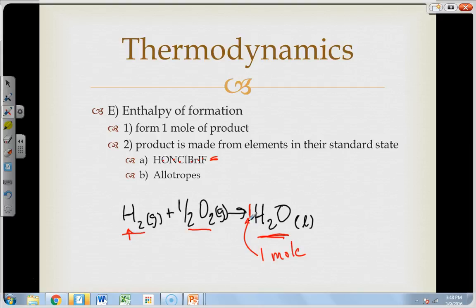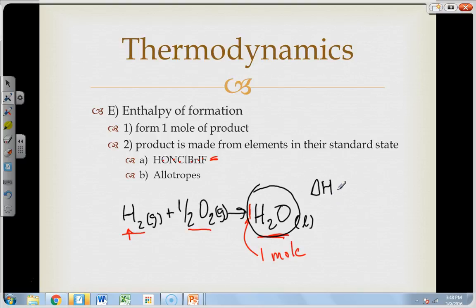Why do we worry about enthalpies of formation? Well, we want this enthalpy, that delta H, to be the only one that we're worried about for 1 mole. Now what do I mean?